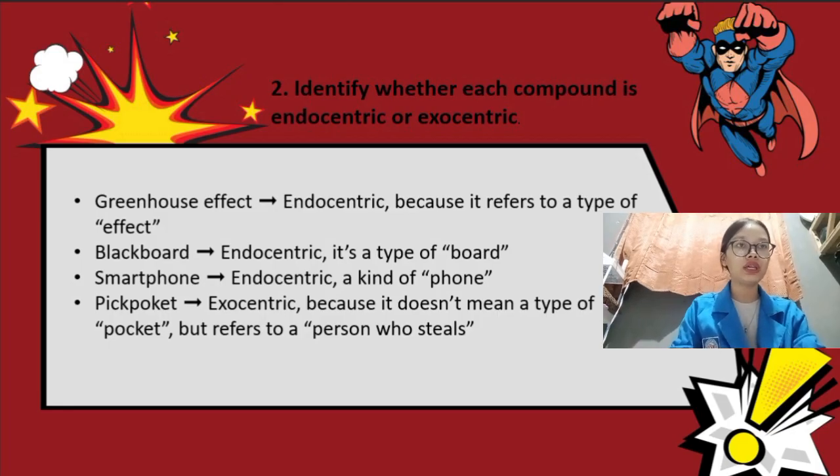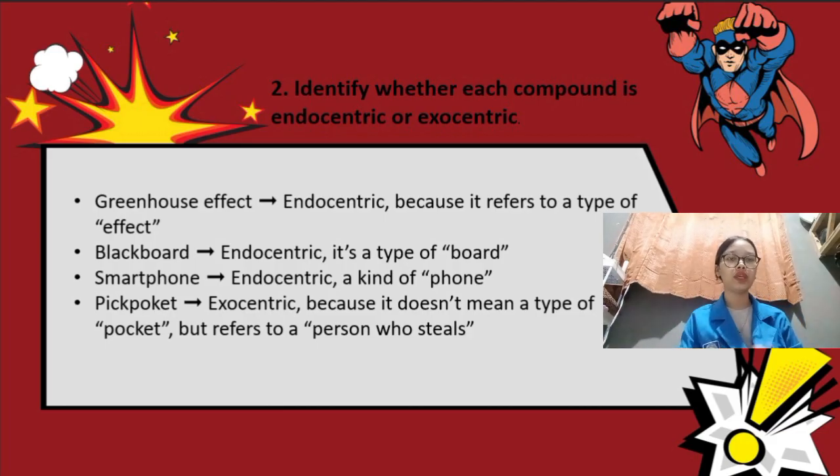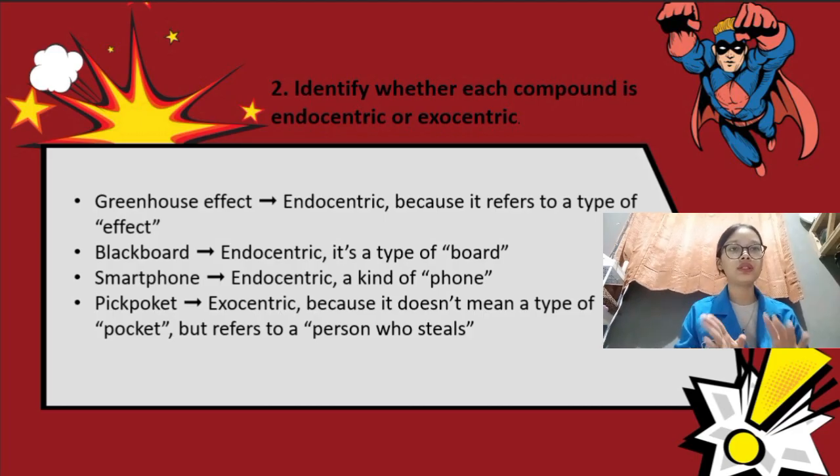Number 2, identify whether each compound is endocentric or exocentric. Greenhouse effect is endocentric because it refers to a type of effect. Second is blackboard. It is endocentric.